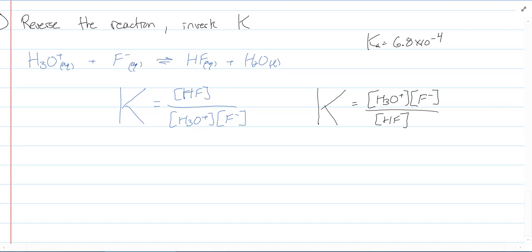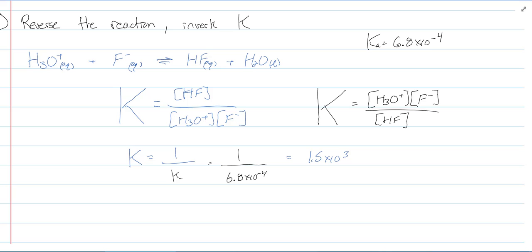So the blue K happens to be 1 over the original K, which is 1 over 6.8 times 10 to the negative 4. And so the blue K is 1.5 times 10 to the third, which is bigger than 1, which would mean it's product favored.